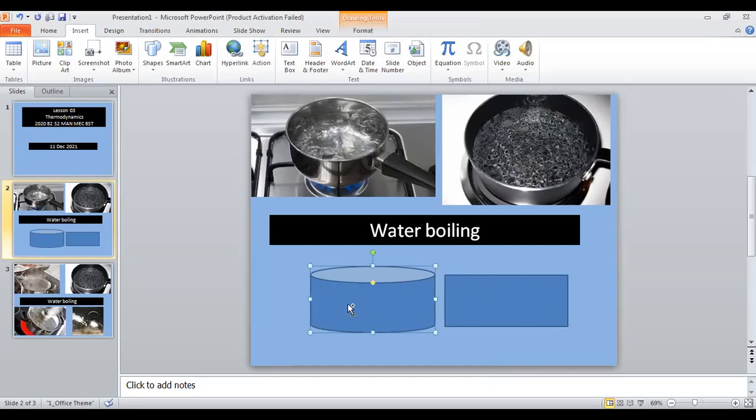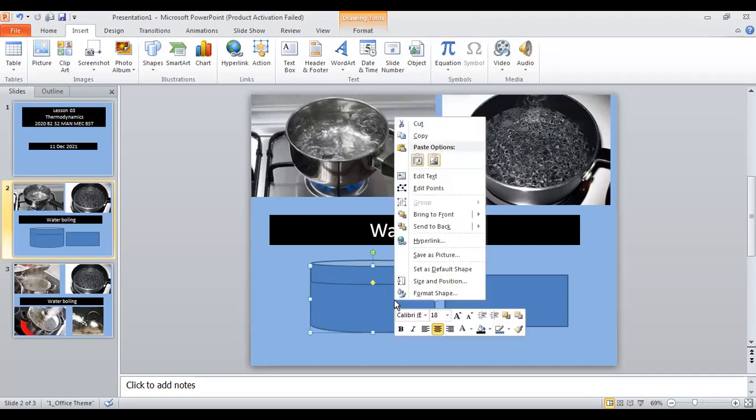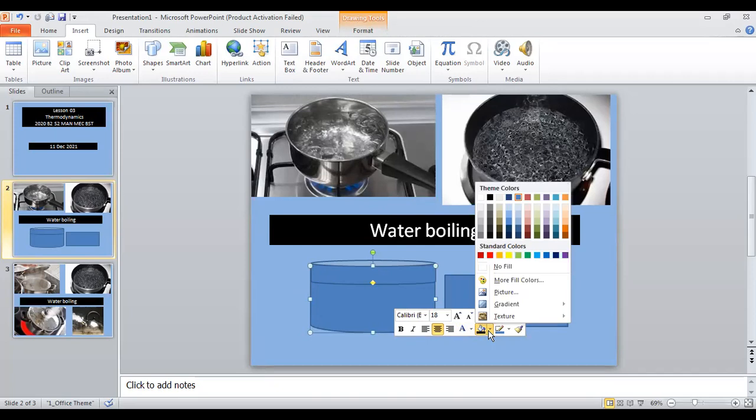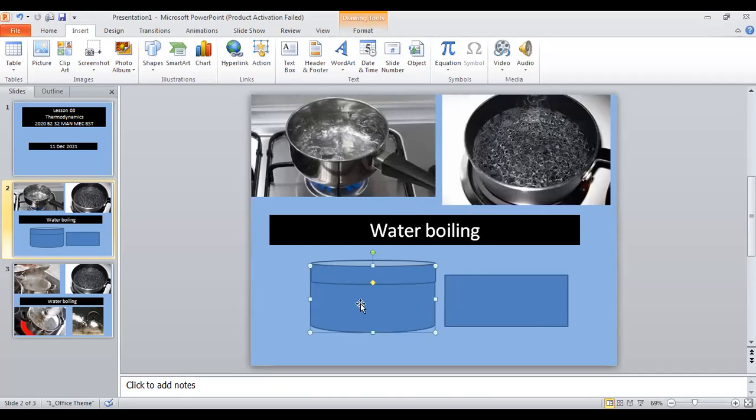So there can be two portions. One portion should be filled with water.